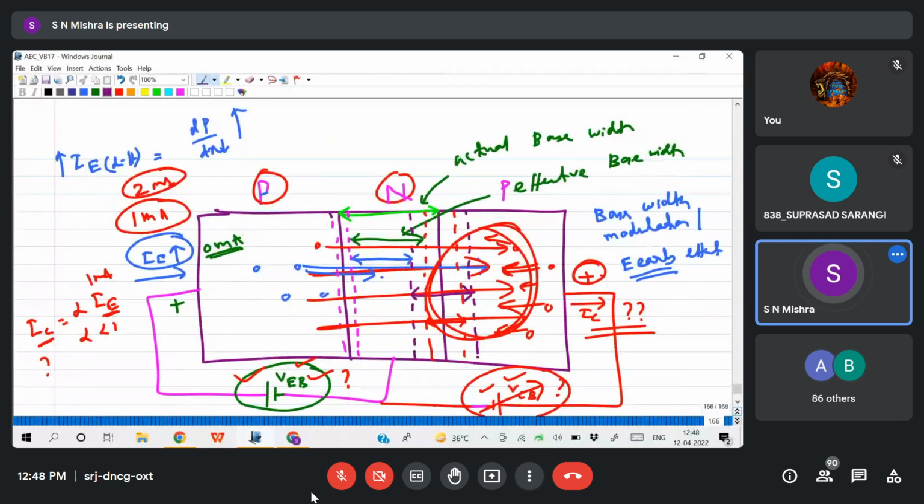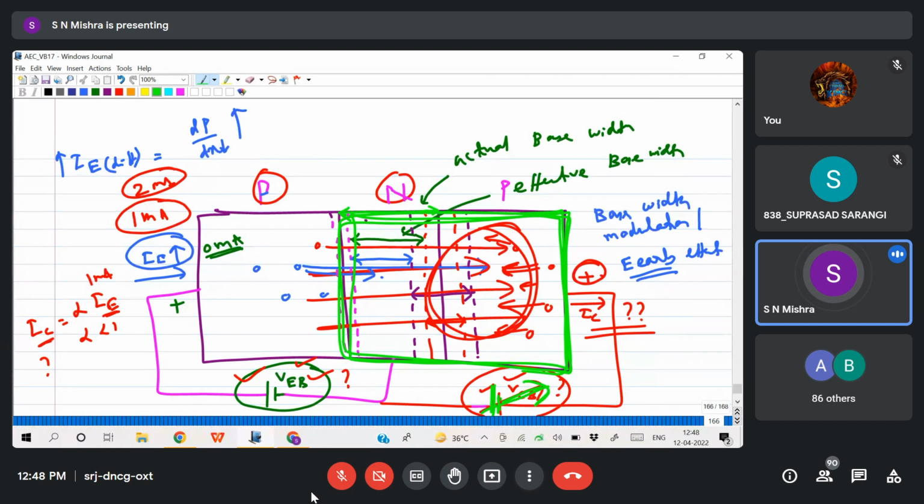Now look here, this junction is like a PN junction diode which is reverse biased, and I am increasing the reverse bias more and more. So the diode is working in reverse bias condition and I keep increasing the reverse bias, then what will happen?